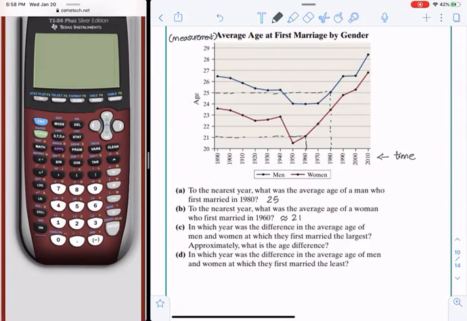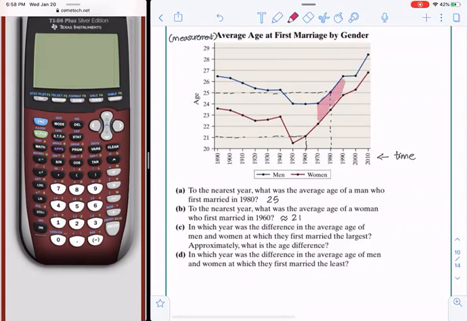In which year was the difference in the average age of men and women at which they first married the largest? In other words, we want to look at the gap between the male and females. So let's look at, clearly the gap is narrow over here.